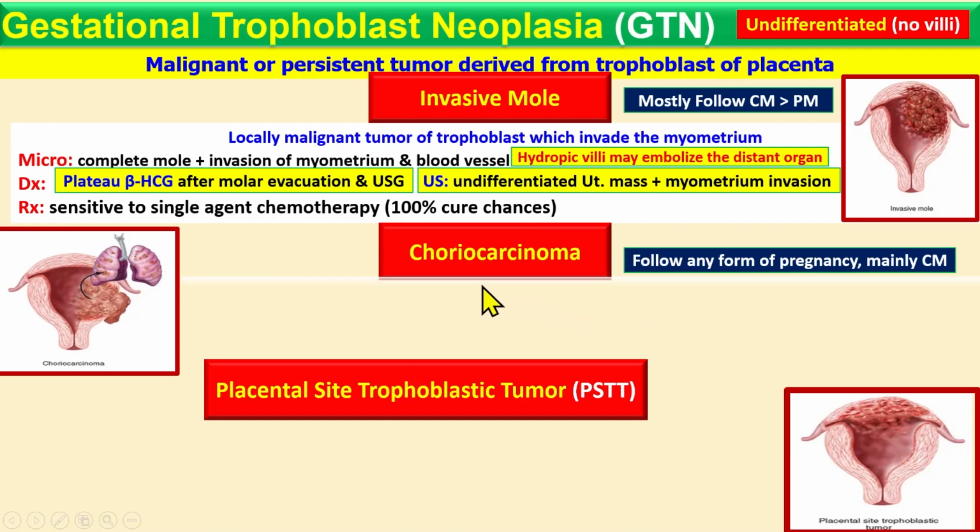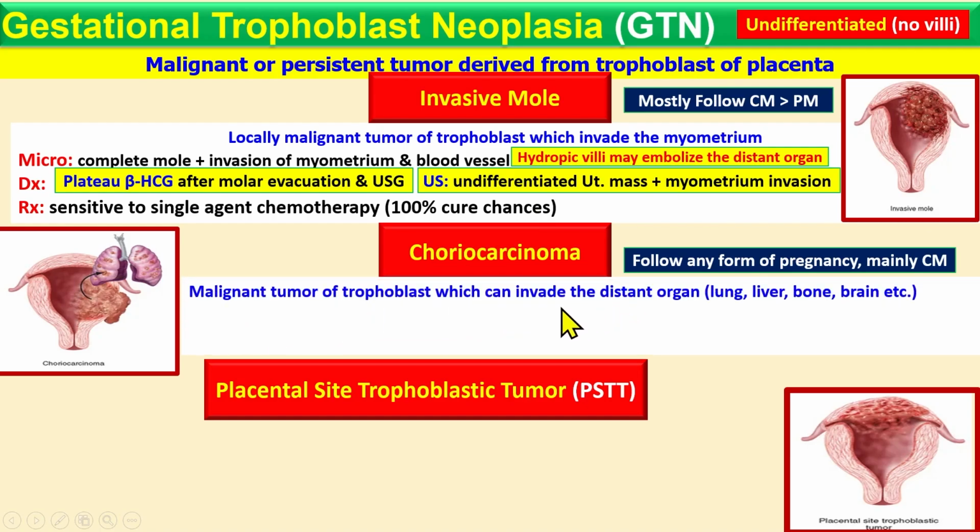In choriocarcinoma, the malignant tumor invades distant organs: lung, liver, bone, brain. So the invasion defines the risk of the tumor. If it is involving the brain and liver, it is a high risk choriocarcinoma. If it is limited to the lung, it is low risk.